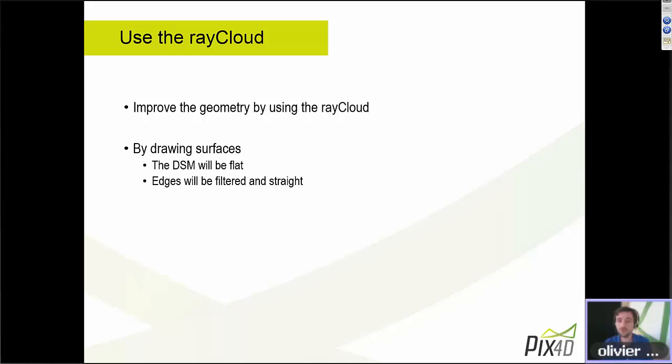Thanks to the rayCloud, you can introduce objects, and you can put them in such a way that they will also improve the DSM, and by improving the DSM, you will also improve the orthomosaic. So let's give an example.